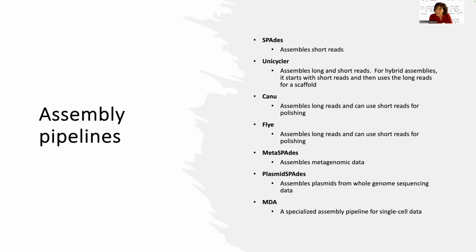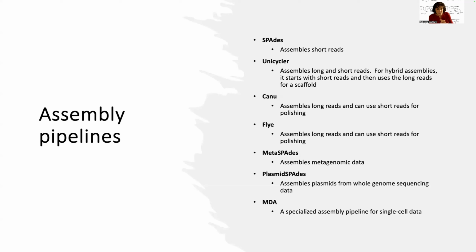Canu and Flye are long read assemblers for reads like PacBio or Oxford Nanopore. Now, both of these can also be used for hybrid assemblies. But in this case, they start with those long reads and then map the short reads onto them.